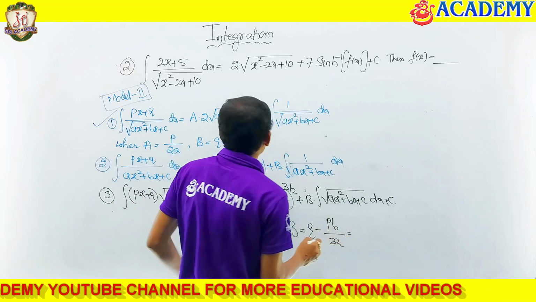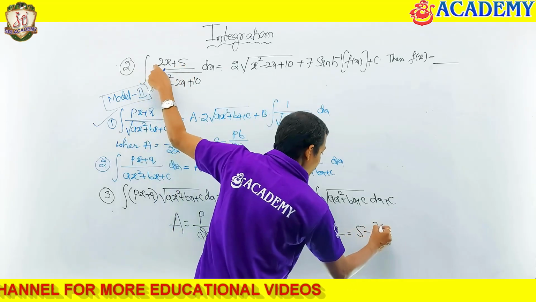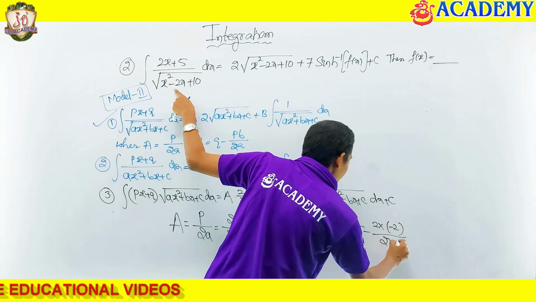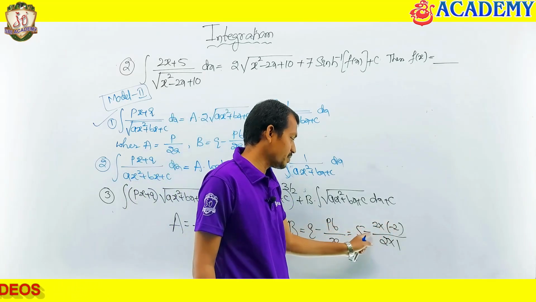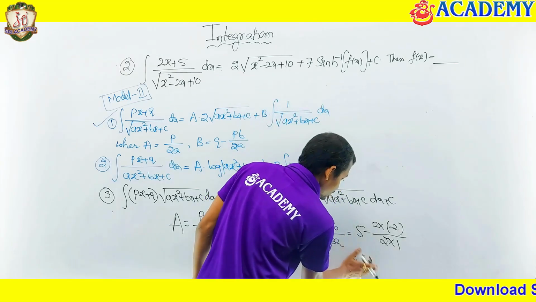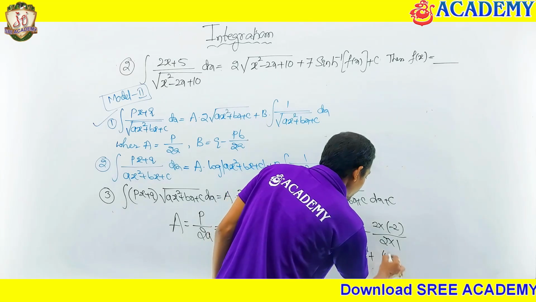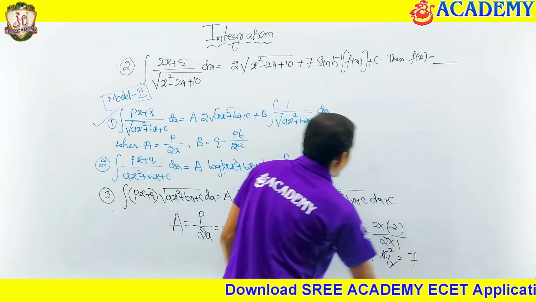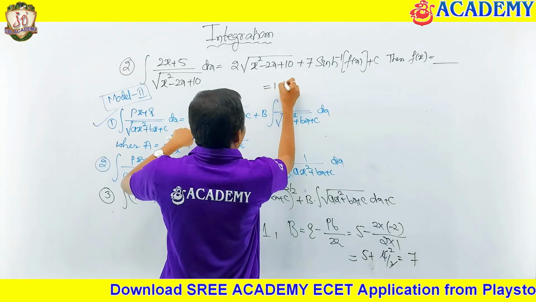Q value is 5 minus p value 2 into b value minus 2, divided by 2 into a value 1. That is 2 into 2 is 4, minus minus plus, that is 5 plus 4 divided by 2, the 2s get cancelled, 5 plus 2 is 7.